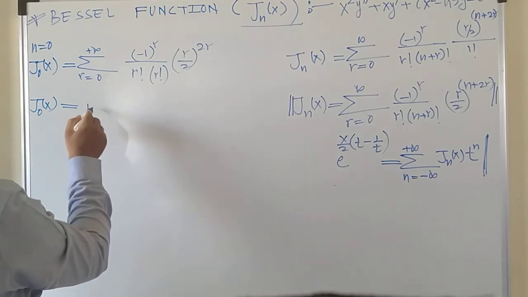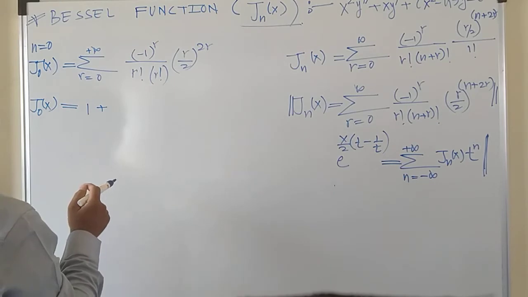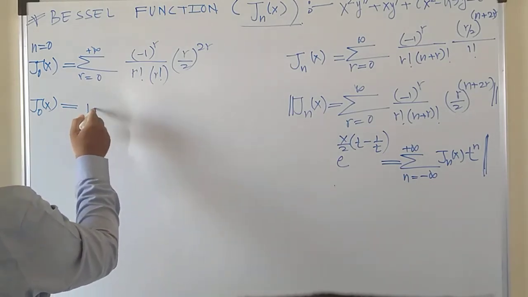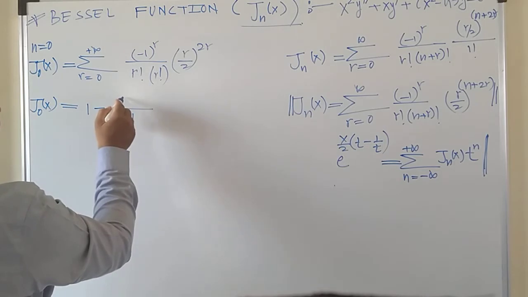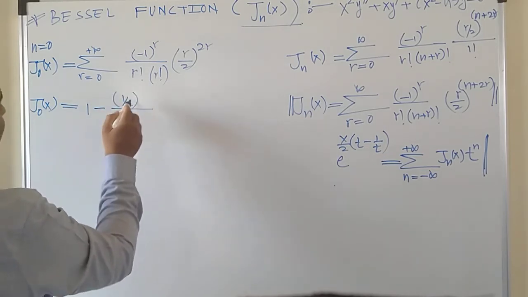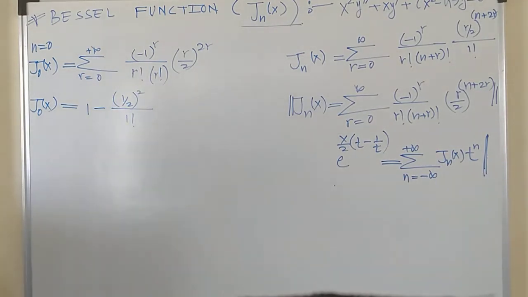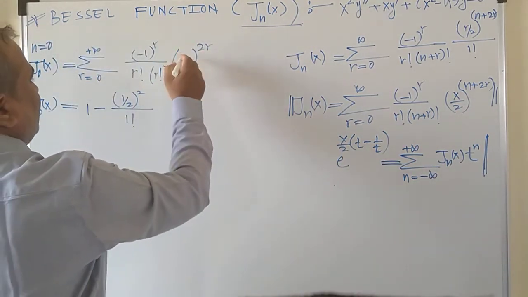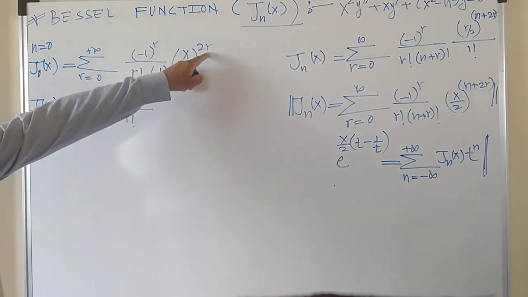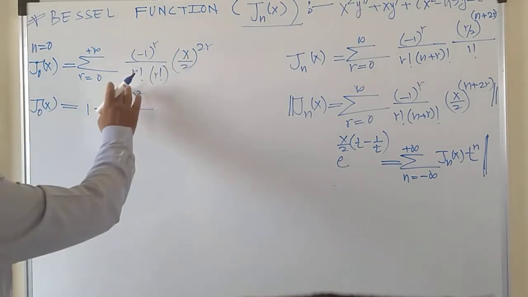Plus next is minus 1 raised to 1, that means we get the negative sign, divided by 1 factorial, which is 1 only, and r is 1, so x by 2 raised to power 2.